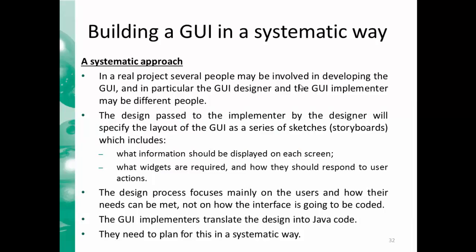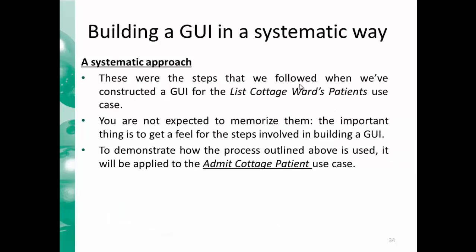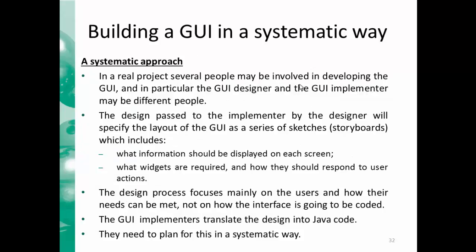Building a graphical user interface should be done in a systematic approach. A systematic approach means these are steps that you need to follow when you are constructing a graphical user interface in general. We need to consider that when the designer designs the user interface, they take into account the needs of the user, as we have mentioned earlier, the environment of the user, the education level of the user, the health situation, being a normal person or a disabled person.